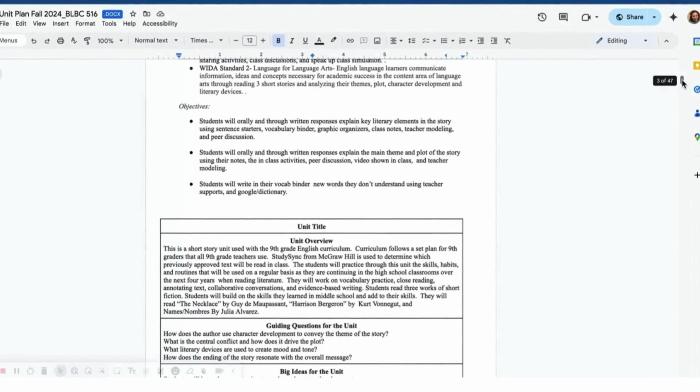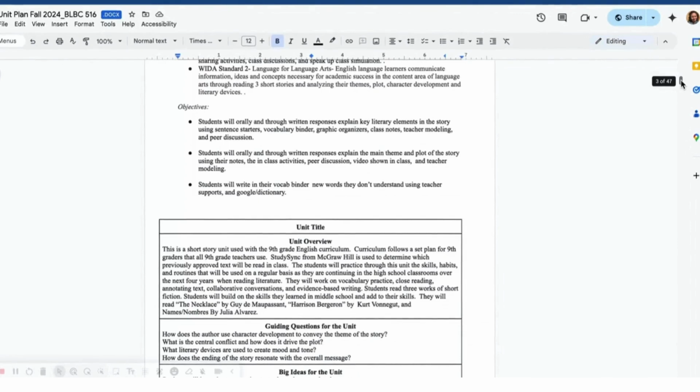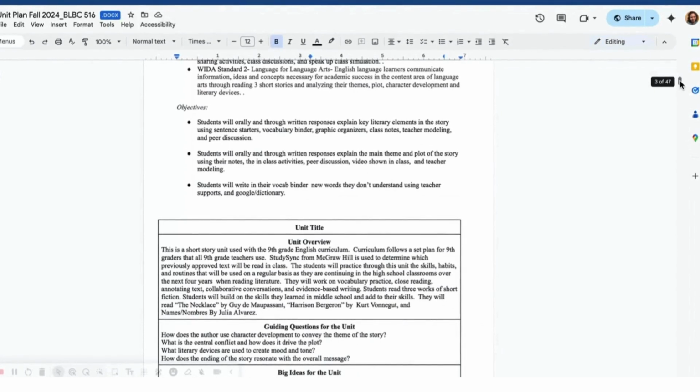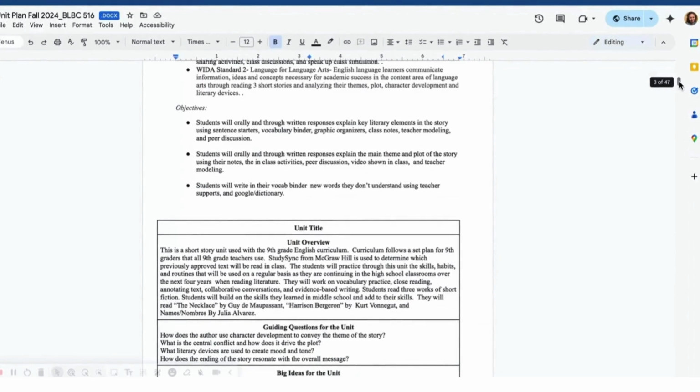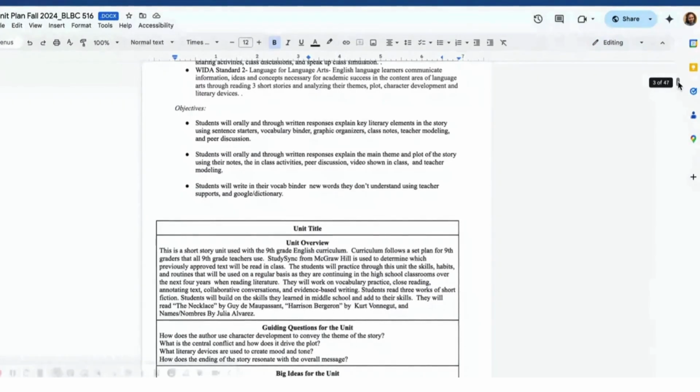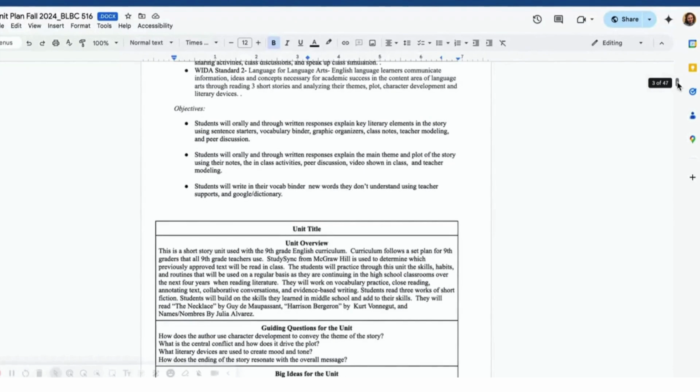And then I also found a really great little memoir that I wanted the students to read called Names/Nombres by Julia Alvarez. I absolutely loved it when I read it on my own, so I wanted to incorporate that into this unit as well. So I did do 3 short stories with the students instead of the 2.